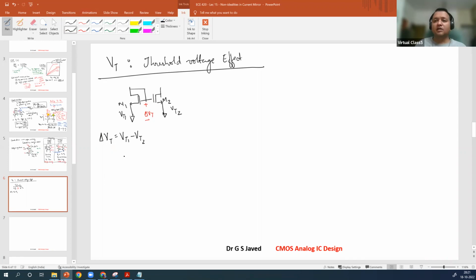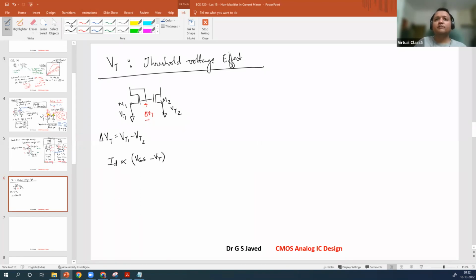Now, what does this mean? This means your ID, which is dependent on the difference of VGS minus VT, will get impacted. How does that happen? Now it will go into a ratioed effect.